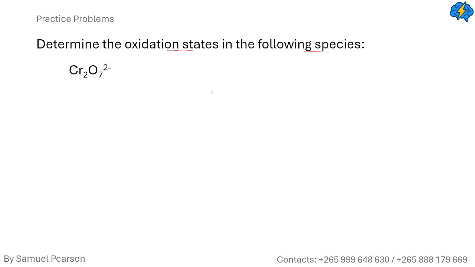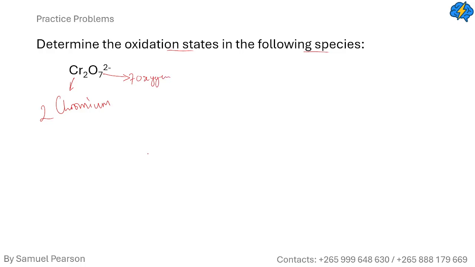The first species is dichromate ion. Dichromate ion is made up of 2 chromium atoms and 7 oxygen atoms.